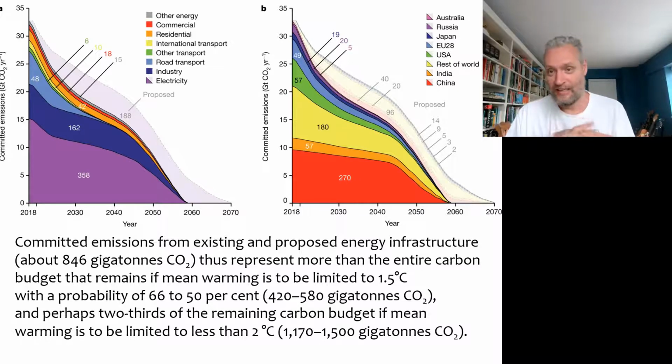What you see in this particular graph, published in 2019, is what if we take the capital stock as it is in the year 2018 and assume that everything lives out until the end of its natural life and emits what it did on average previously.